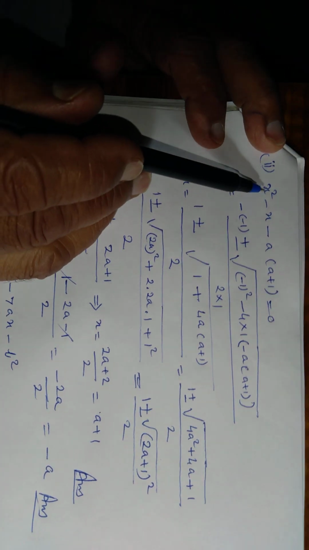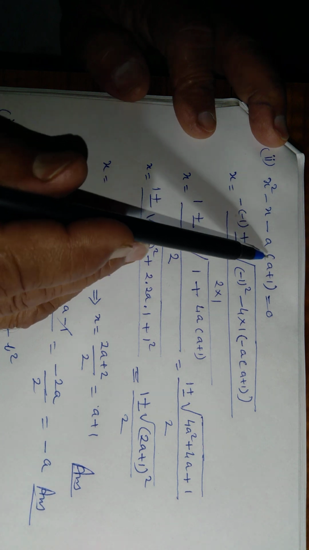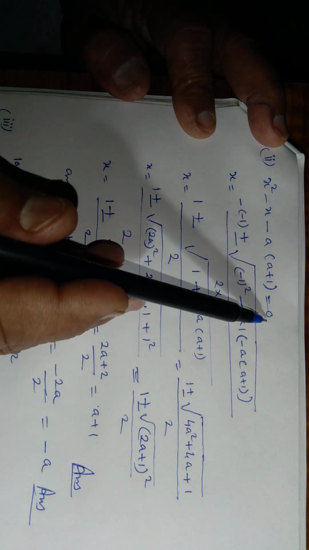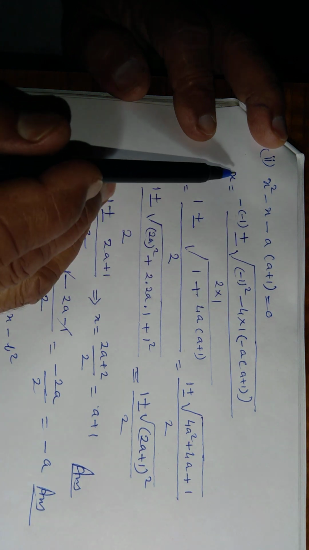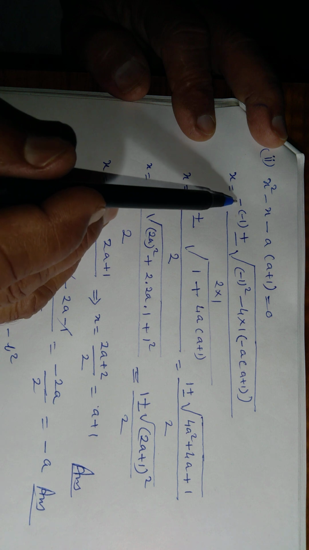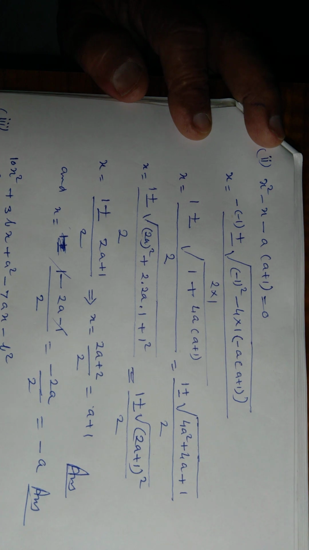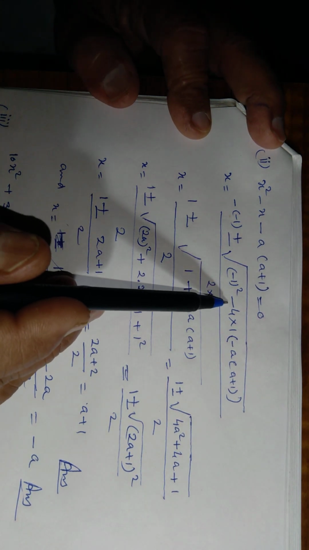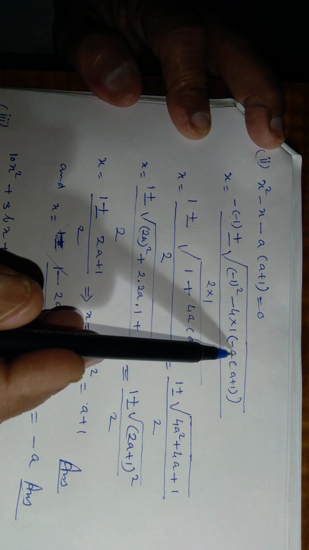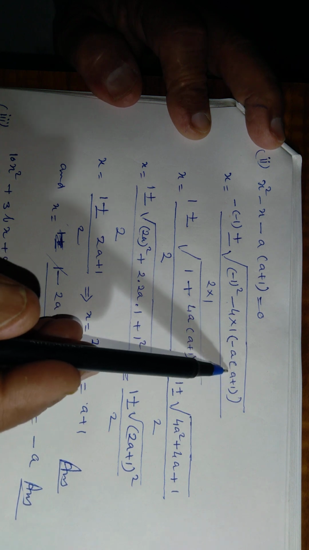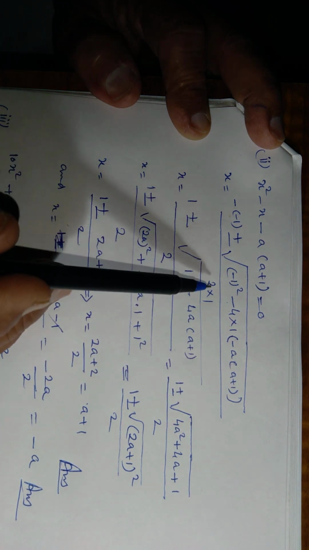You see, x² − x − a(a + 1) = 0. Now this term is free from a, that is why it will be constant. So x will be equal to −(−1) ± √((−1)² − 4 × 1 × (−a)(a + 1)) divided by 2 × 1.